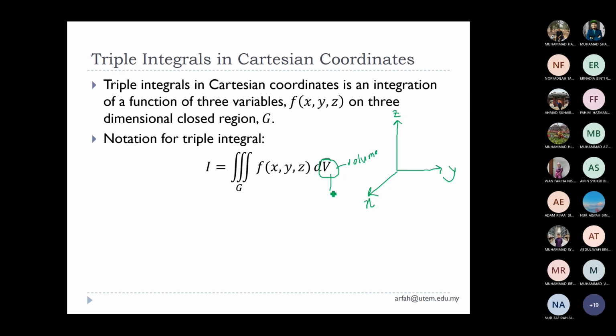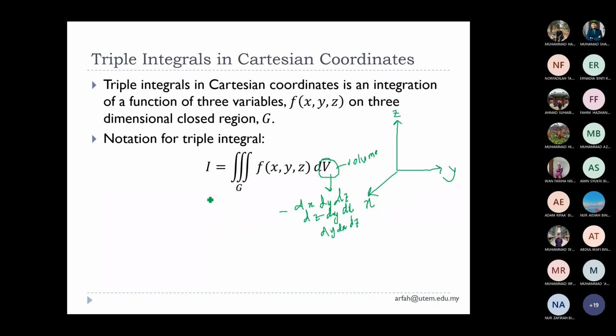So you are going to have dV as maybe dx, dy, dz, or dz, dy, dx, or dy, dx, dz, whichever that we are interested in. In order to find this one, dia punya urutan of the integration, we are going to have type 1, type 2 dan juga type 3 region. We will take a look into each type of region one by one.